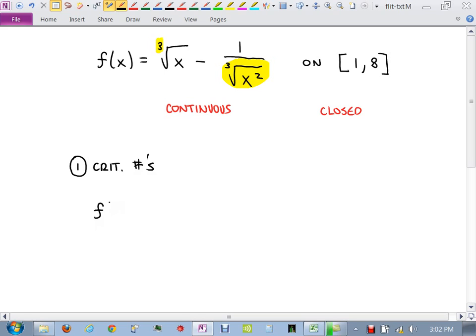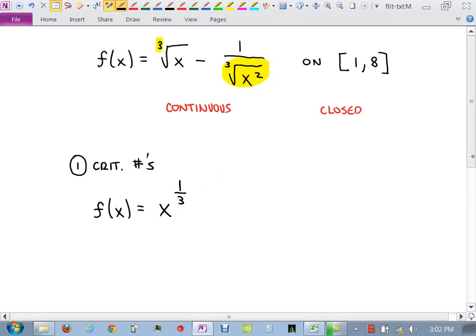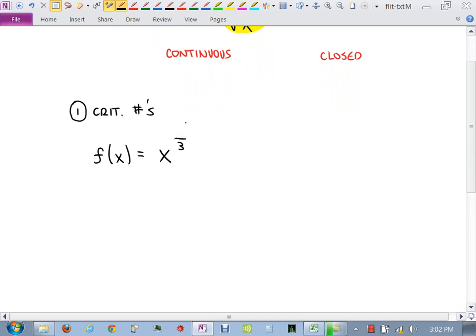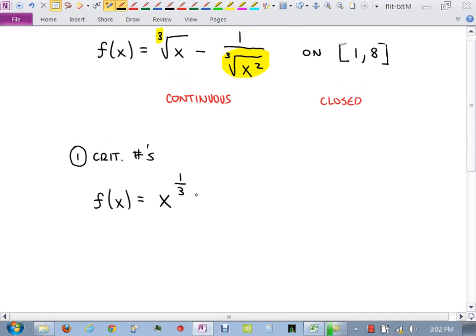So our derivative. Well, before I get the derivative, let me rewrite this as powers of x. So is that minus x to what power? Negative 2/3. Good. All righty.